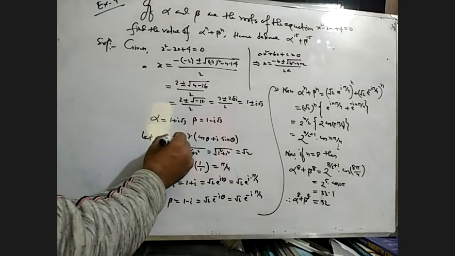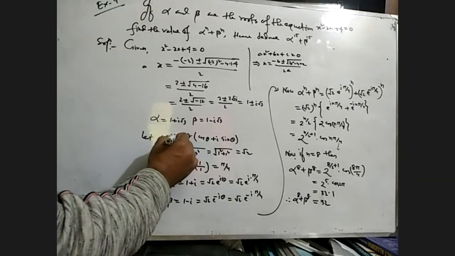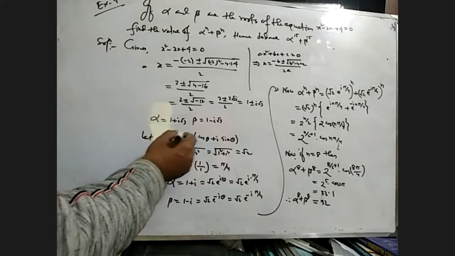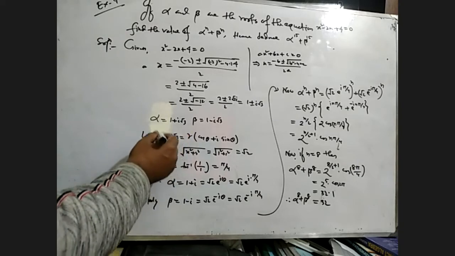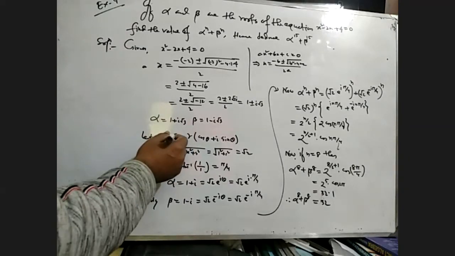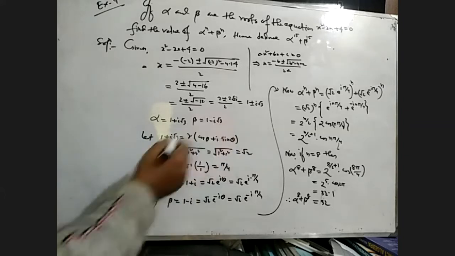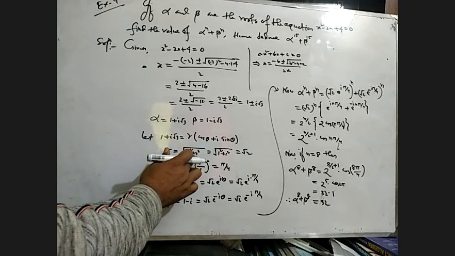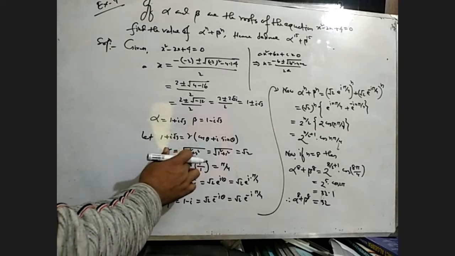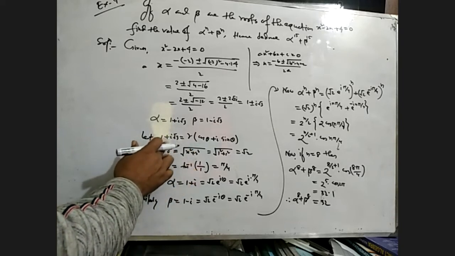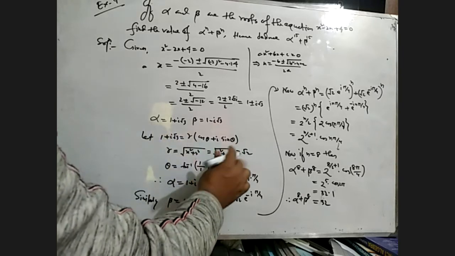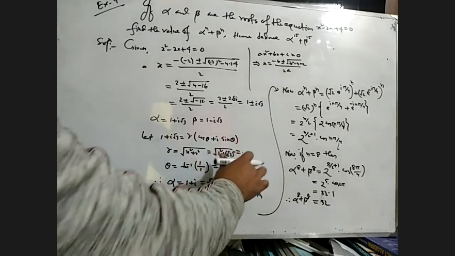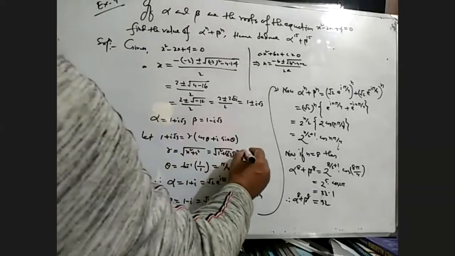So first one, 1 plus i root 3, what will be? Considering in polar form this complex number, first root alpha equals to 1 plus i root 3, equals to r cos theta plus i sin theta. So r equals to the root over real part whole square plus imaginary part whole square of the given complex number. So 1 square plus root 3 whole square equals to only 2.